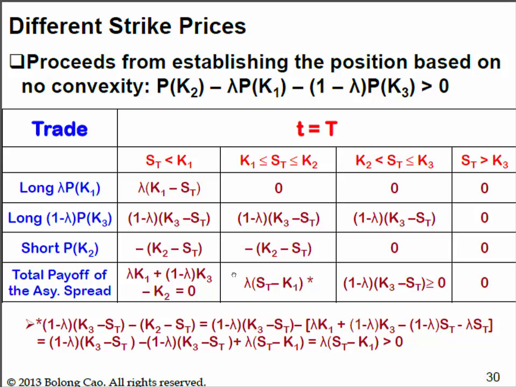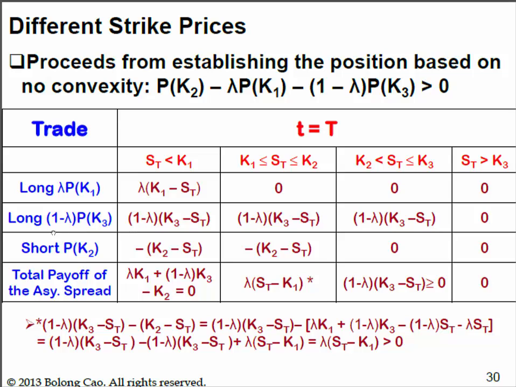And then I'm going to summarize the payoff for different underlying price levels at expiration. Again, we will start with the underlying price below K1, below the lowest strike. The payoff for the long low strike put will be lambda times the payoff for P K1.